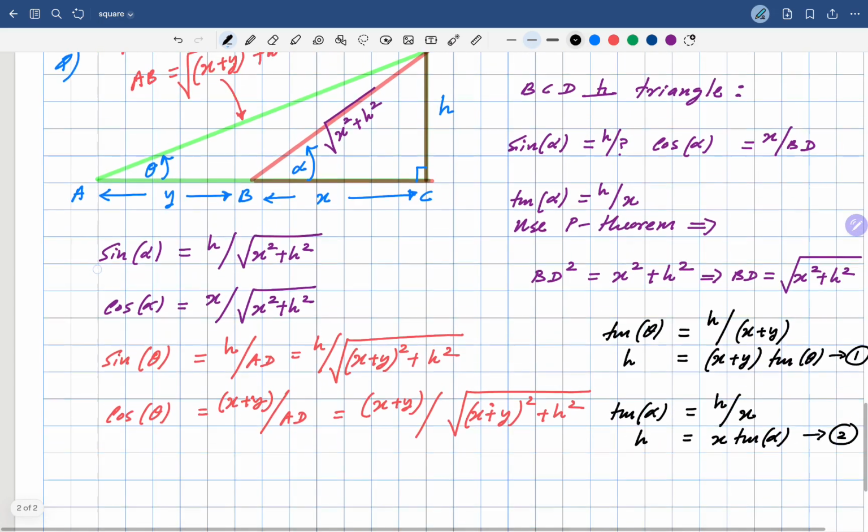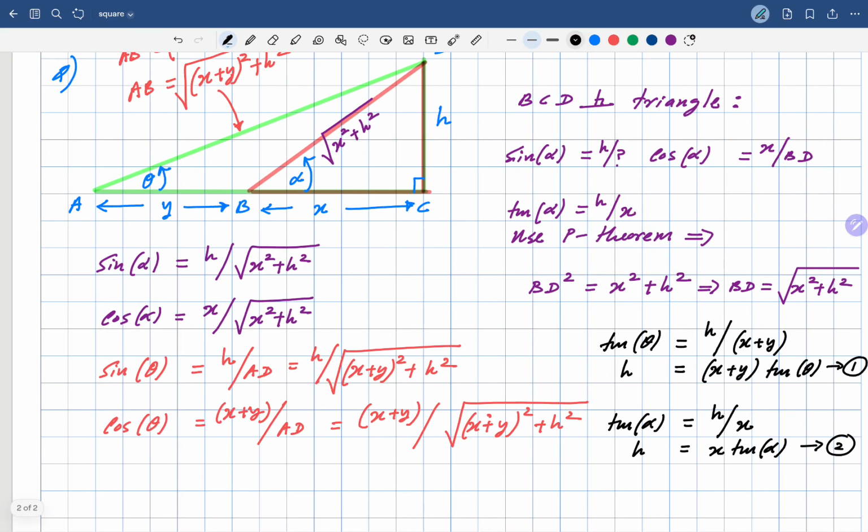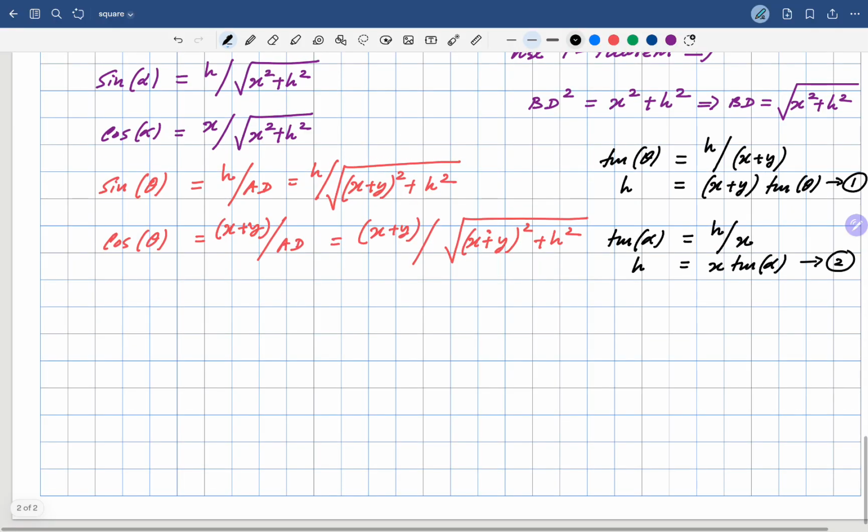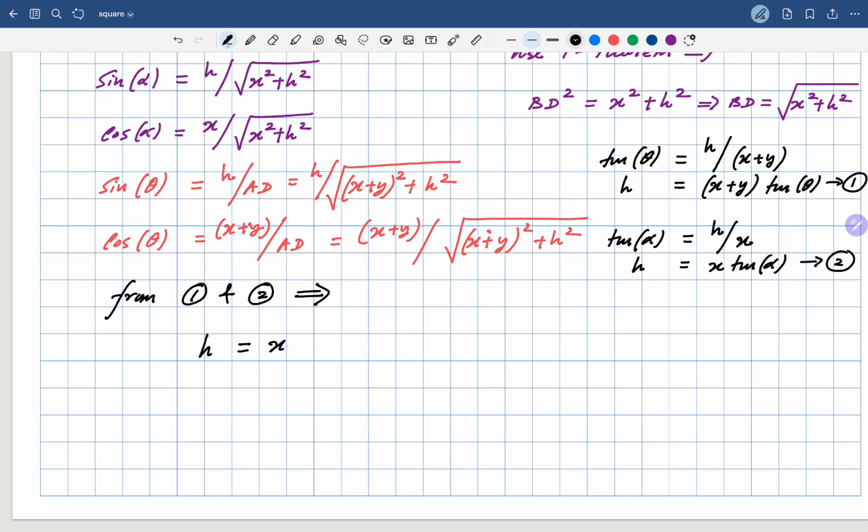So what we did was use two triangles to find the h value, so alpha and theta are both involved. Now from 1 and 2 you can see h is equal to (x plus y) tan theta, and that is equal to x tan alpha.